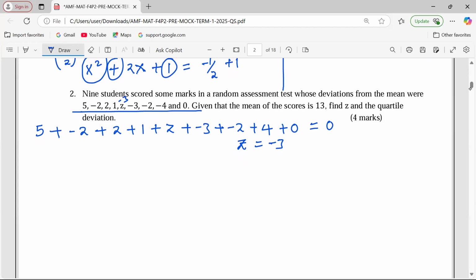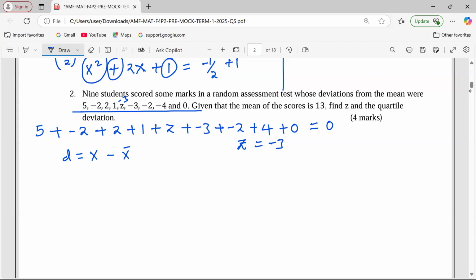After getting the value of z, now we are proceeding to find the quartile deviation. Before we get the quartile deviation, we are supposed to get the specific scores of these students. Remember, a deviation is given by what a student has scored minus the mean, because these are deviations from the mean.